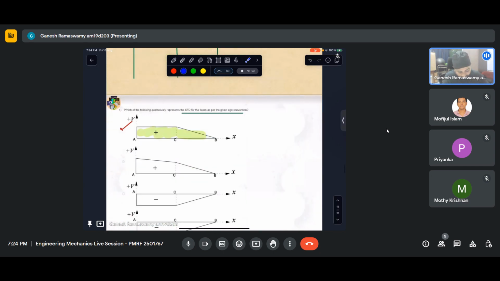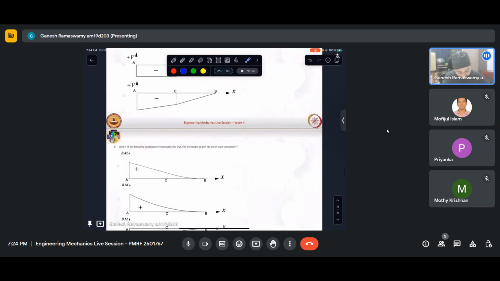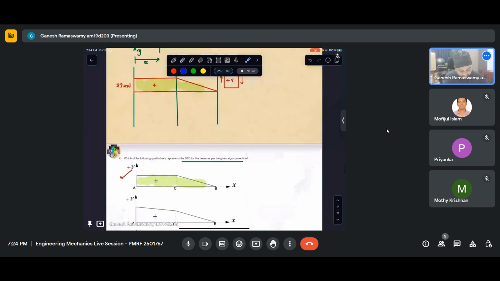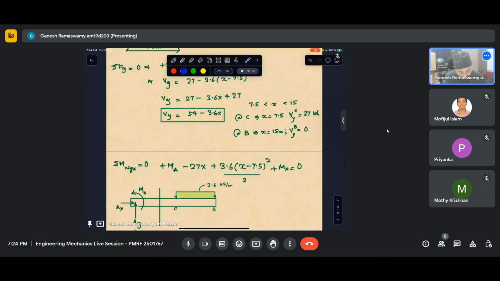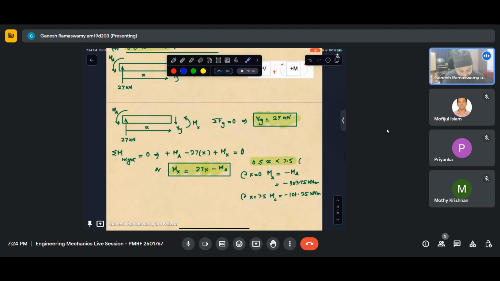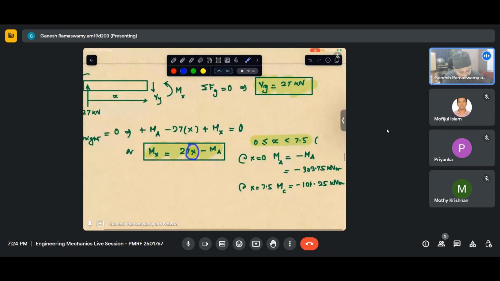So let us look at the bending moment diagram now. For the section AC, I already have the bending moment values. At A, the bending moment is negative, and it goes to another negative value at C, keeping note that it is a linear variation.